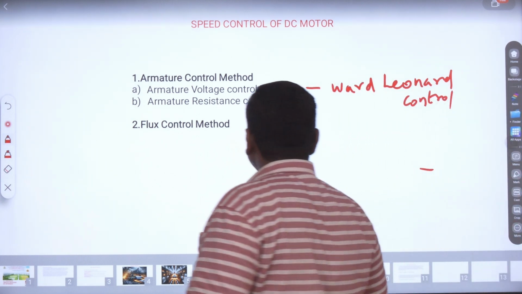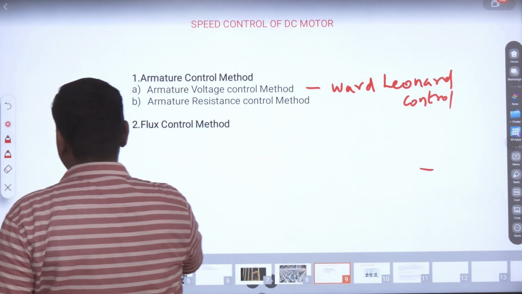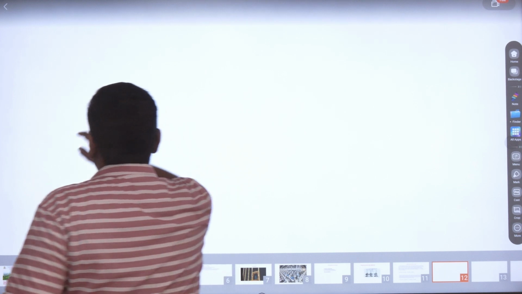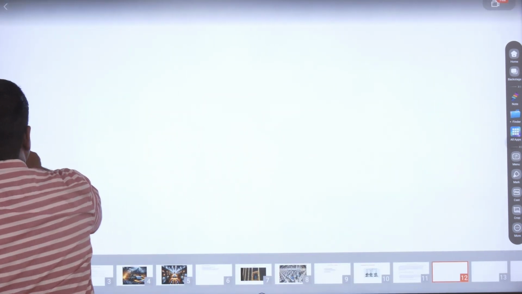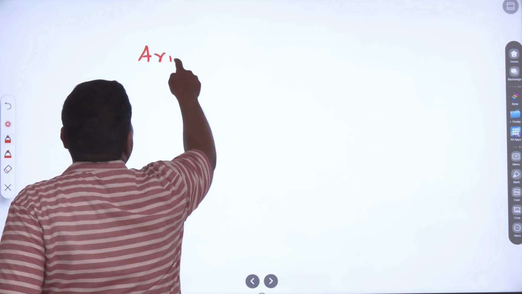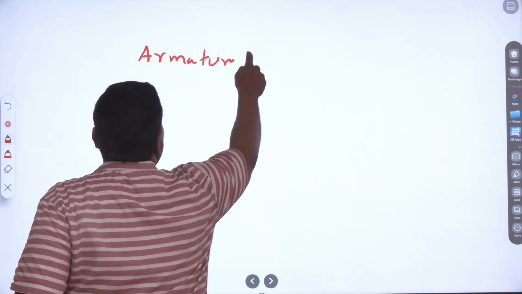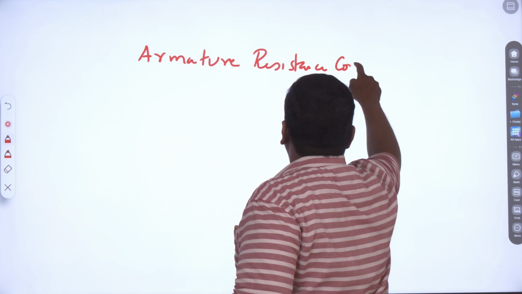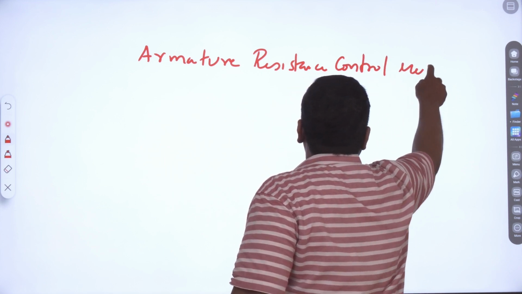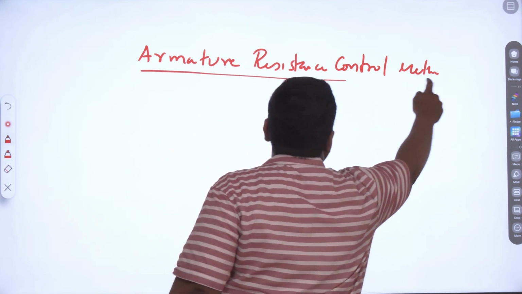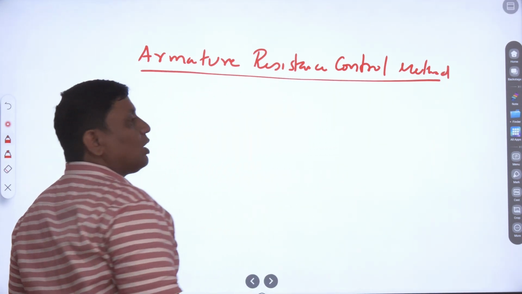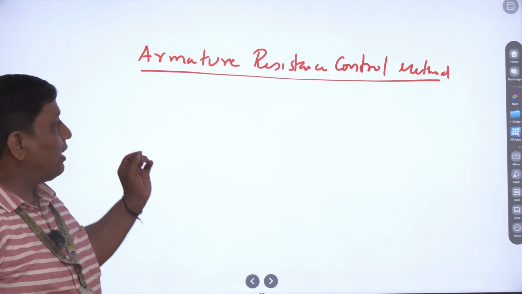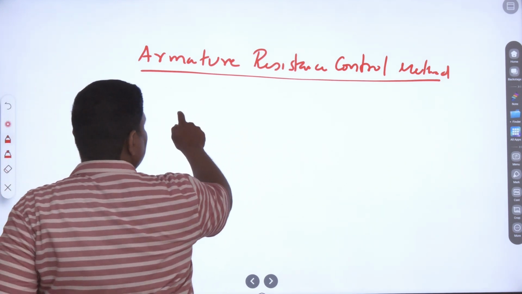Clear? In the armature resistance control method, the external resistance is connected in series with the armature.